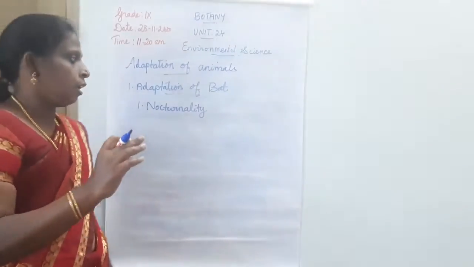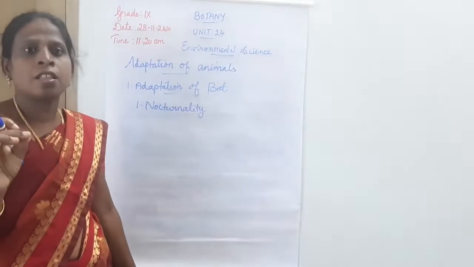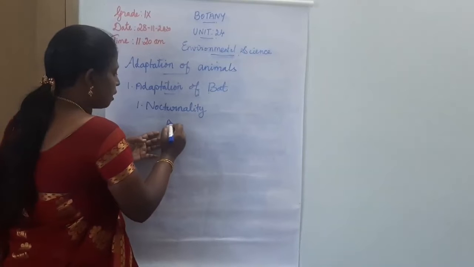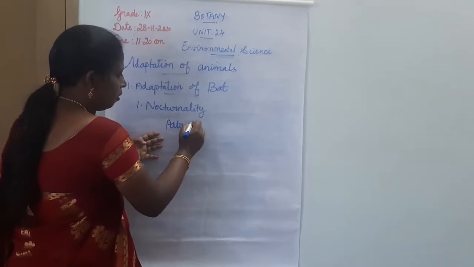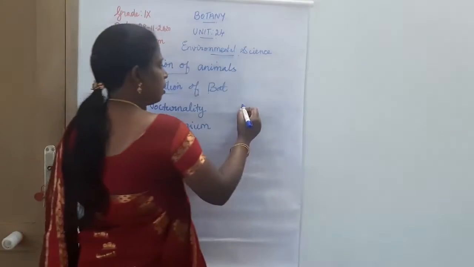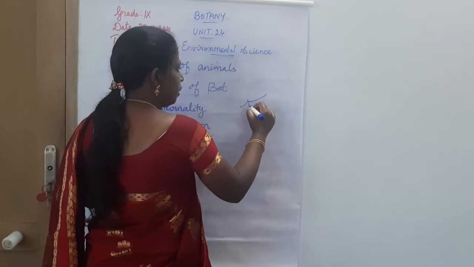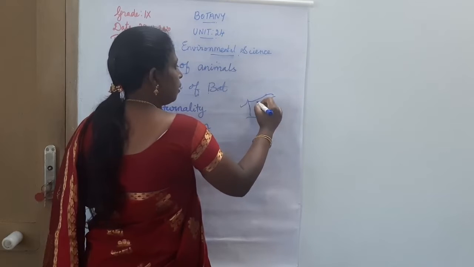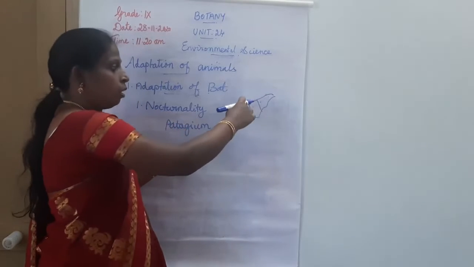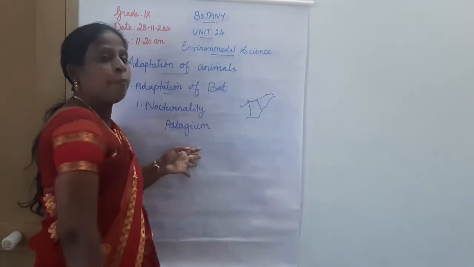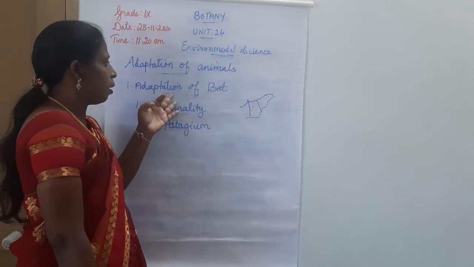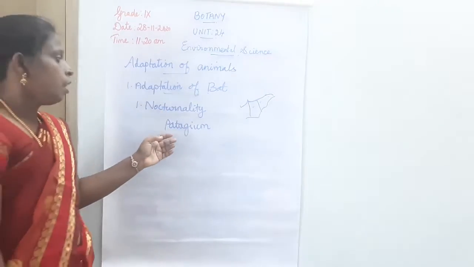The wings consist of thin black muscles. Those wings we call patagium. In between the fingers we can see the thin black membrane present. So the wings of the bat are called patagium.